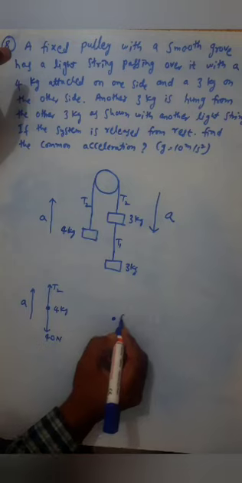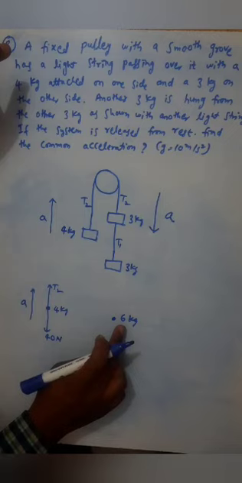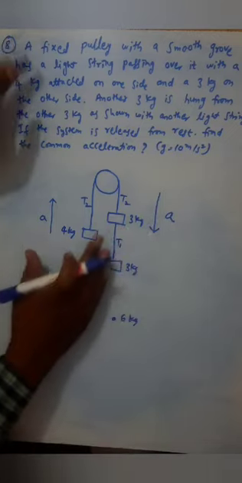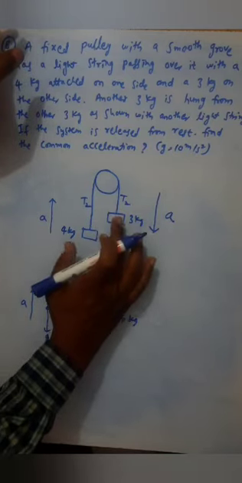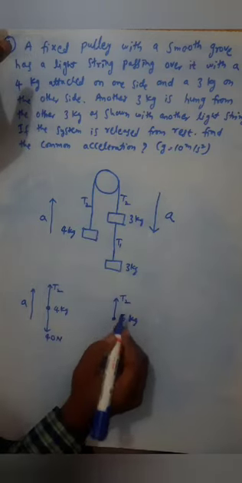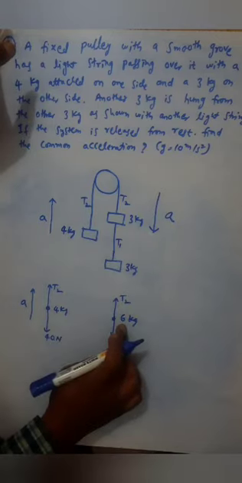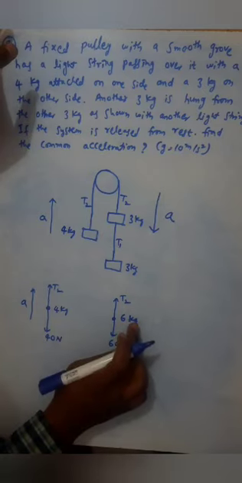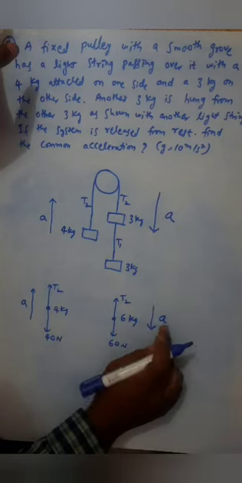For the 6 kg mass, we take only the tension force T2 upward, and total 60 newtons downward. The 6 kg mass accelerates downward with acceleration a.